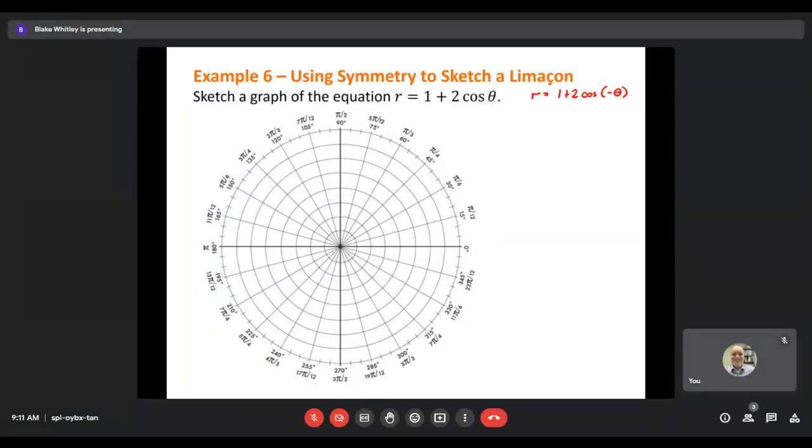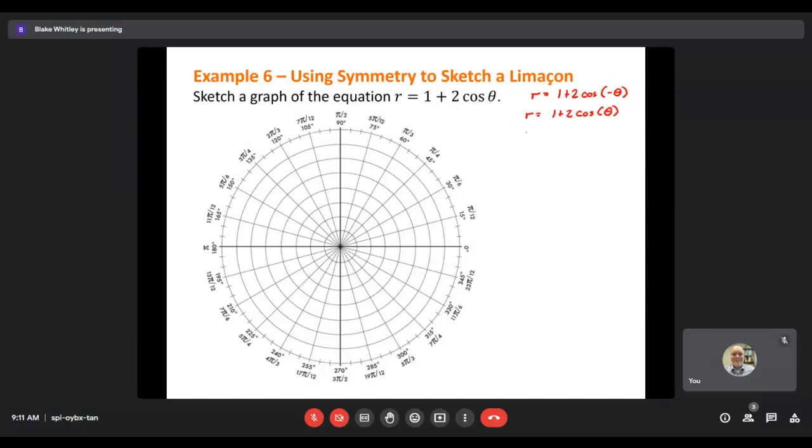Well, if you remember our even-odd properties for sine, cosine, tangent, cosine is an even function, and so this is actually equal to 1 plus 2 cosine of theta. Because cosine is an even function, cosine of negative theta is equal to cosine of theta. And so this right here now is the same thing we started with.